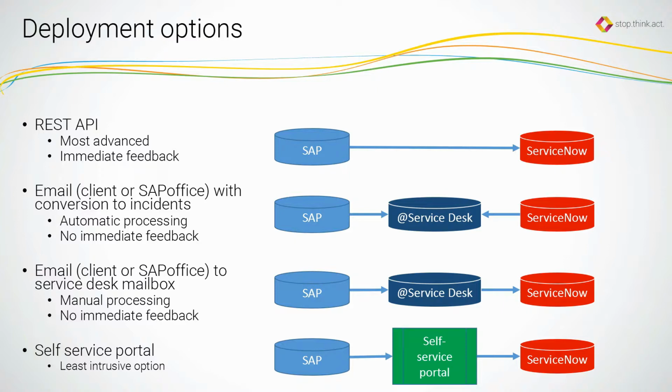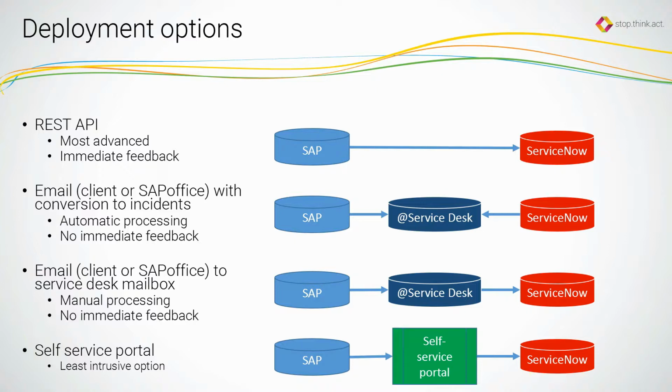And the last option is using the self-service portal, which means that again you can report the problem from the SAP user interface, and then all the attachments will be downloaded to a local folder, and the self-service portal can be opened automatically. Then you can submit the ticket as usual, as you always do.